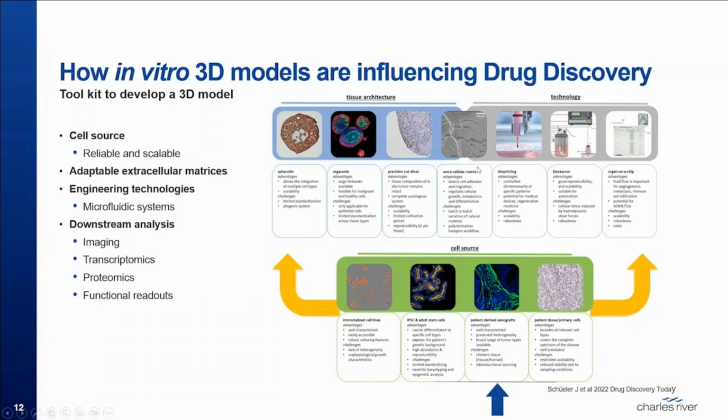You also add the engineering part, where through bioprinting, bioreactors, and microfluidic systems you can recapitulate the physiology that you have in vivo. As I said, we will give particular attention to the cell source, and I will now describe some of the work done using organoids in the infectious disease area.